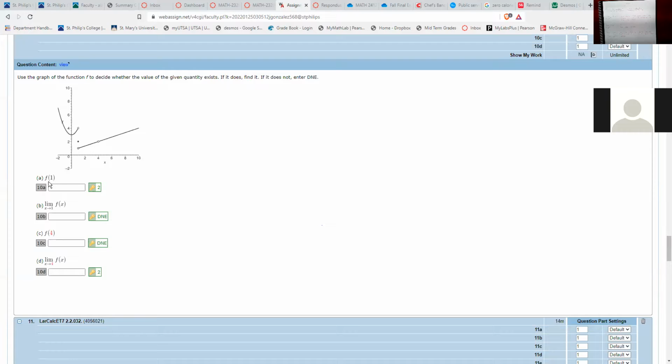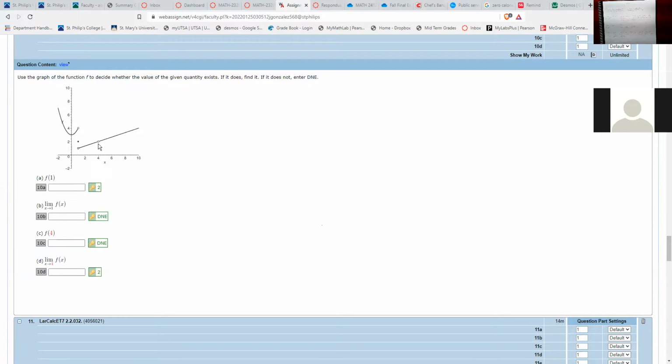So like this one, they start off by saying plug in 1 and see what happens. Well, the only solid dot at 1 is right there at 2, because the rest have holes, so those are not values. So this is a functional value, and then this is a limit. Over here, f of 4 has a hole in it.